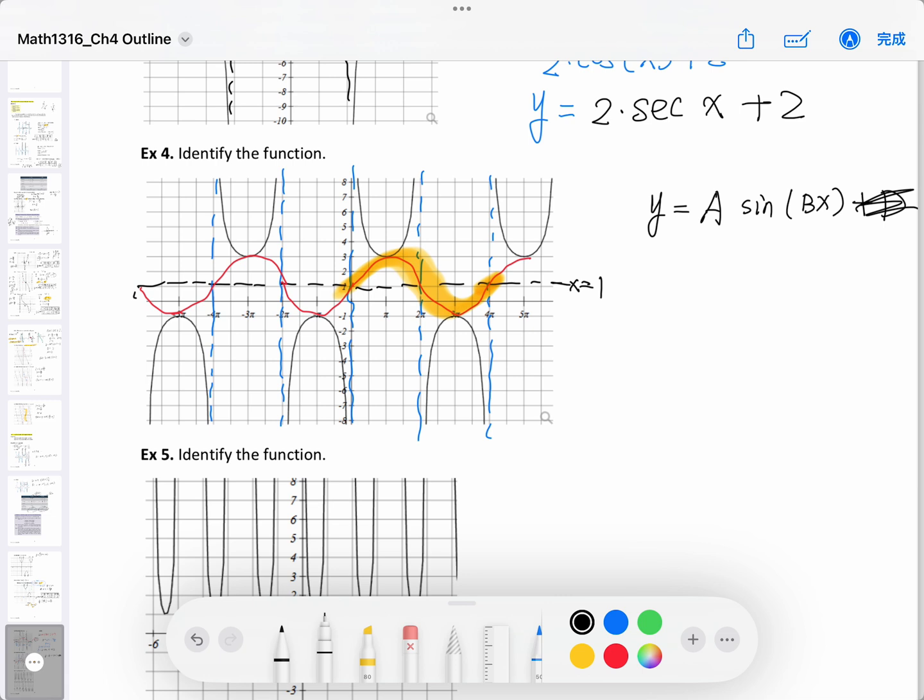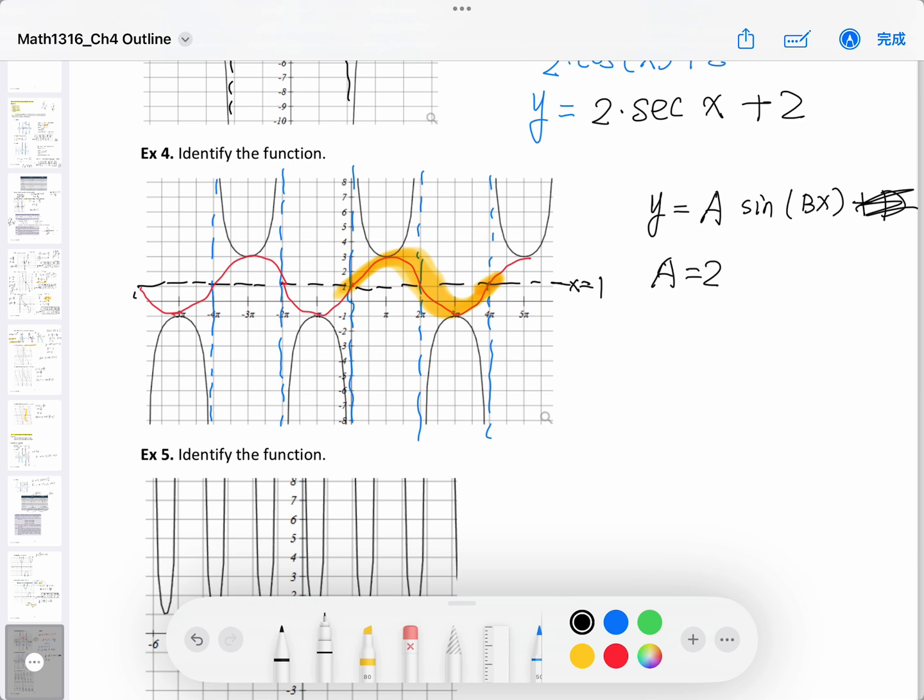So a absolute value of a is amplitude. What is the height of my wave from the center going up and down? So from the center line, I'm going up 2 unit. I'm going down 2 unit. That means my a is equal to 2. No reflection.